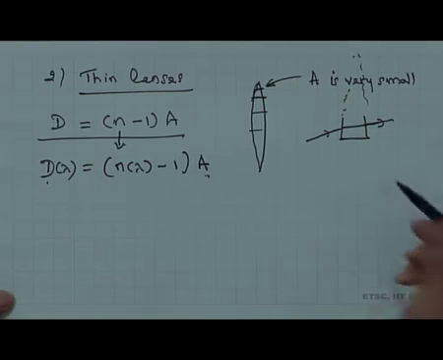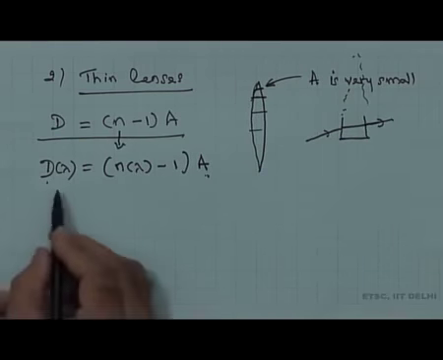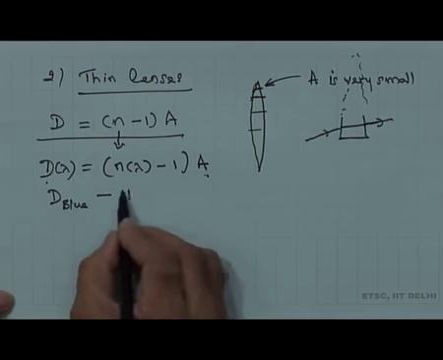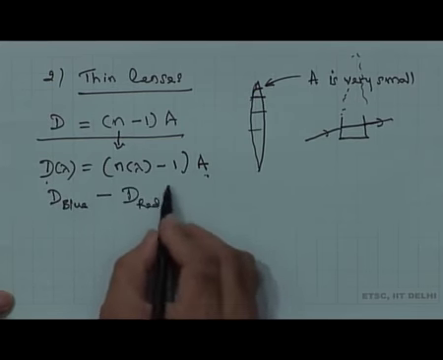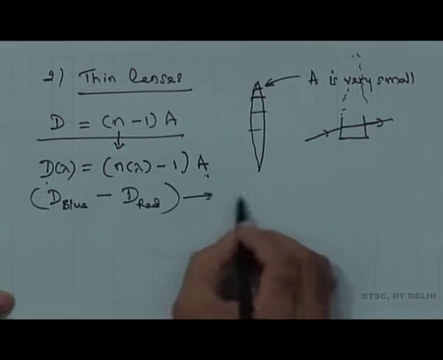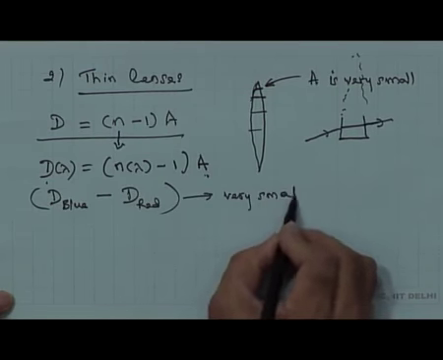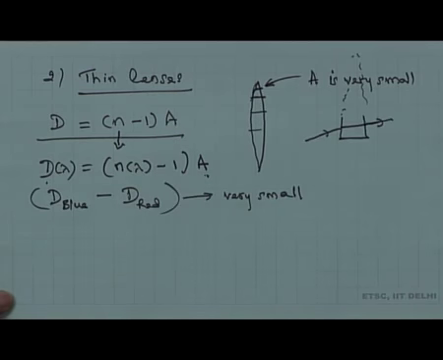In other words, D for blue color minus D for red color, this difference will be very small, because D itself is very small in the case of thin lenses. That is why we have considered thin lenses.